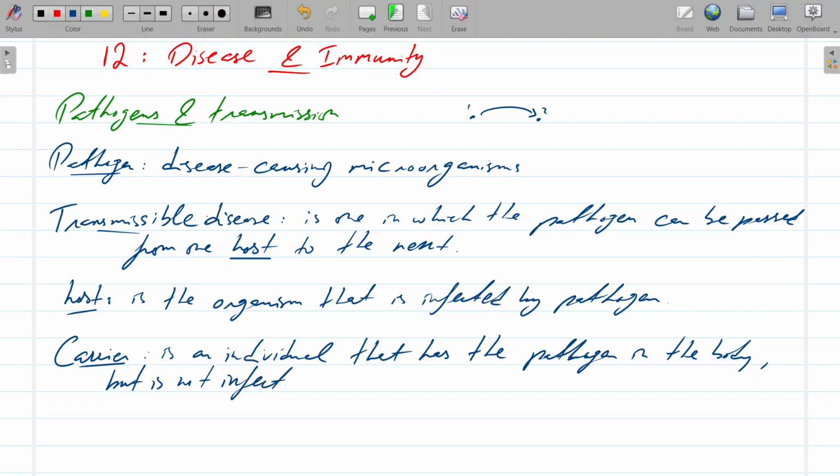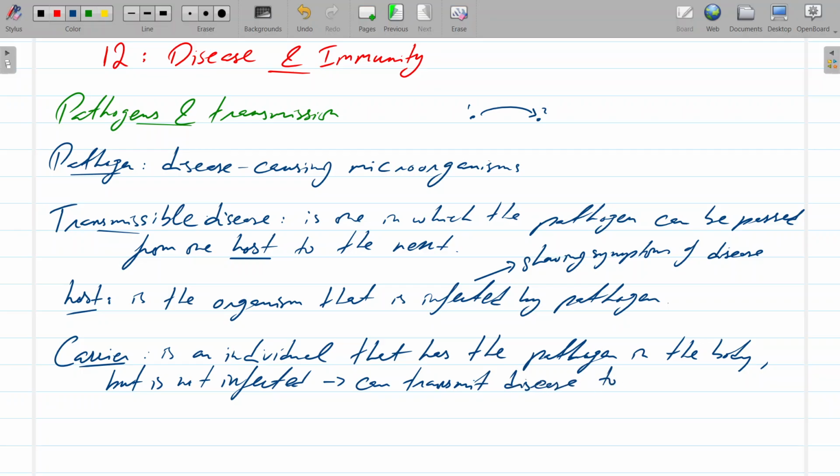So they're not, by infected I mean showing symptoms of disease. And so what the carrier can do is that they can be a point of transmission, can transmit the disease. So they're not infected, but they can pass it on to a new host, right? So if the other person gets infected, otherwise they'll also be carriers.